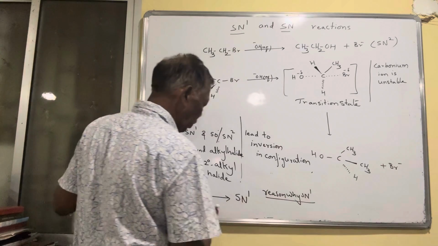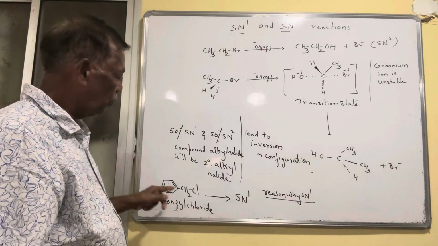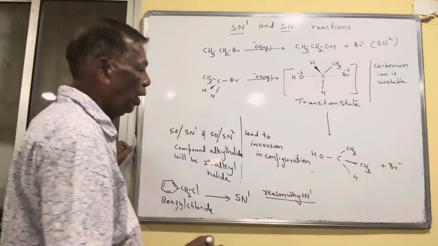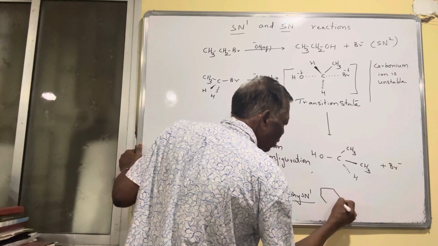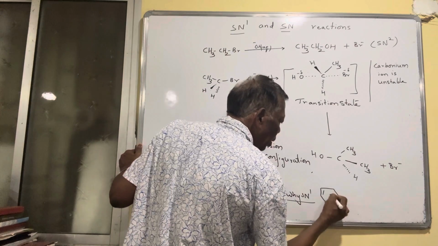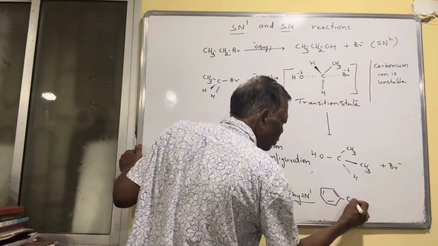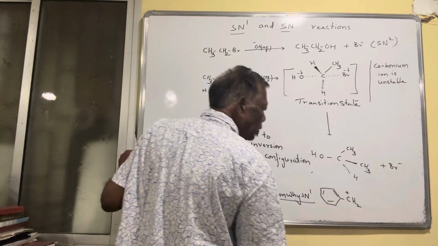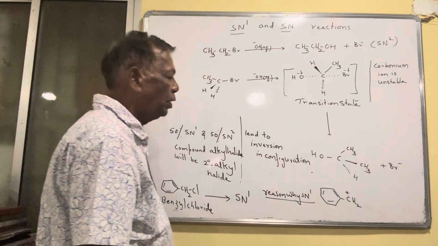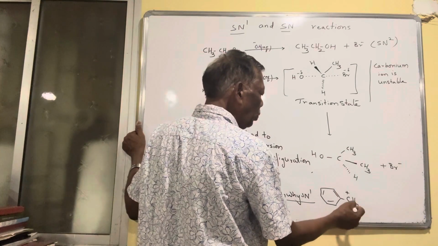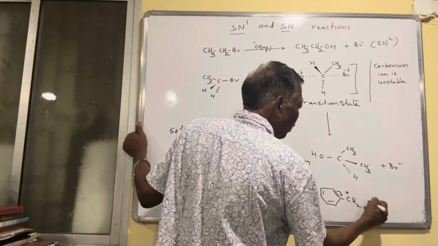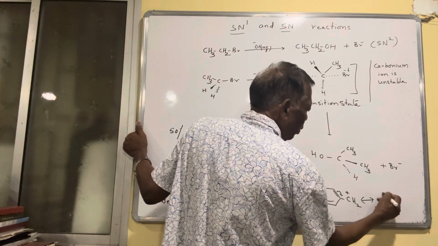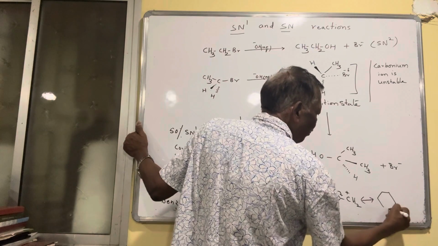The reason is simple. After ionization, what will happen? Chlorine will go. And when the chlorine goes, what will we get here? A carbonium ion will be produced here. This will be CH2 with plus. Now this CH2 plus will undergo resonance, and this will result in a resonating structure like this.